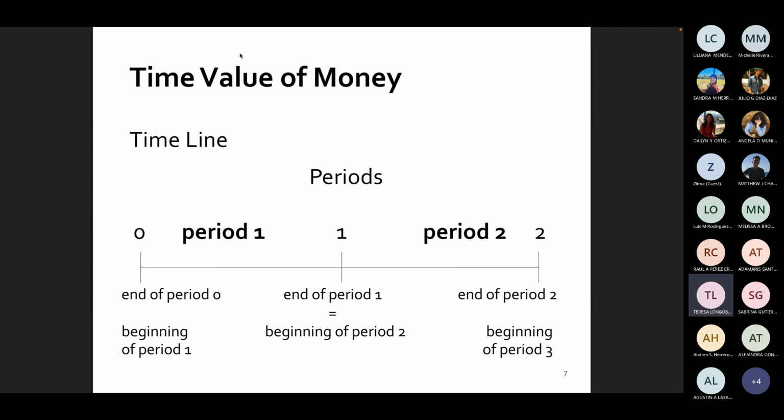But the one thing I want you to be aware of is that at any point in time, you can see your position in 2 ways.